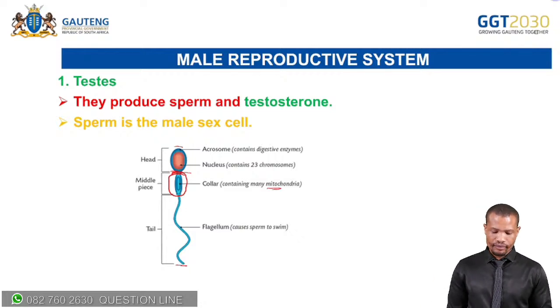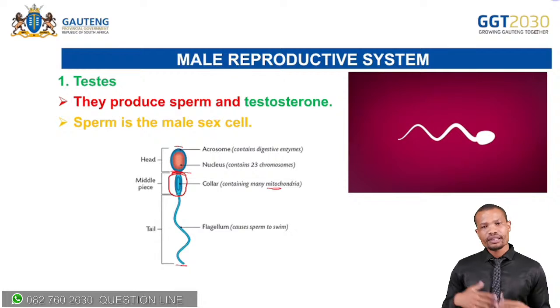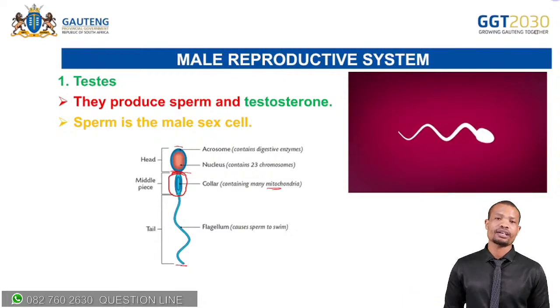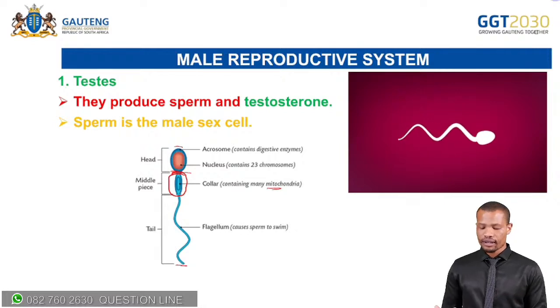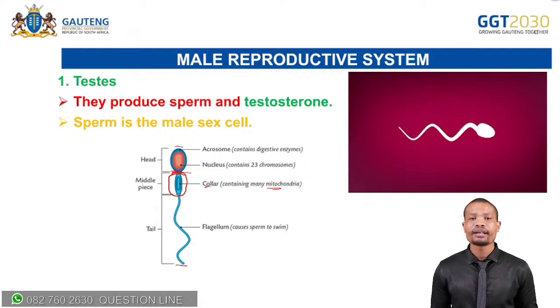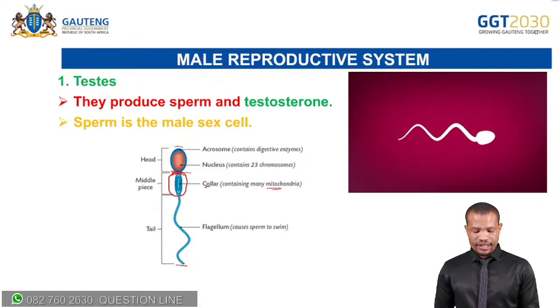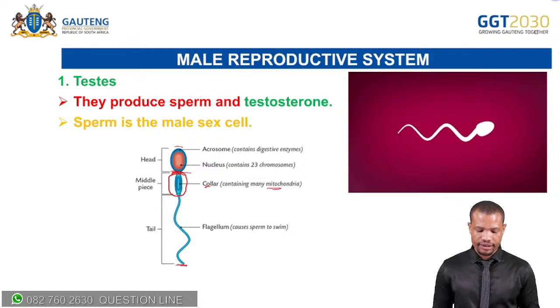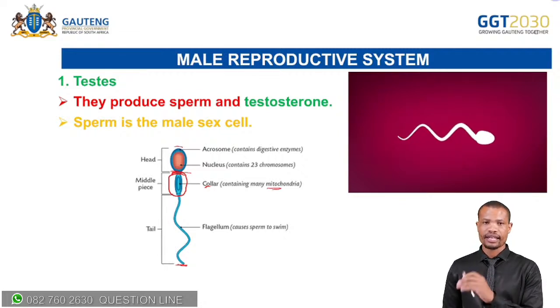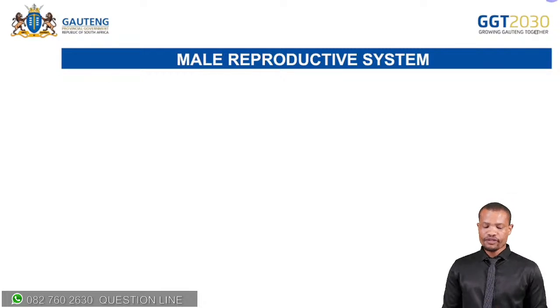Okay. Right. And this is basically a sperm that is making its way to the vagina. It swims, and the energy comes from this middle piece, which we call the collar, and the ability to swim comes from the tail. Okay. It causes it to swim like a snake. Like that. Okay, let's move on.